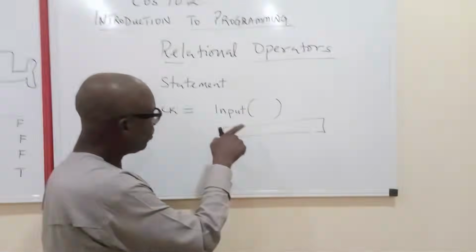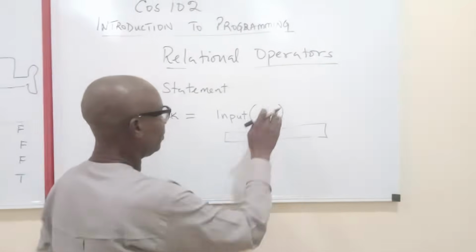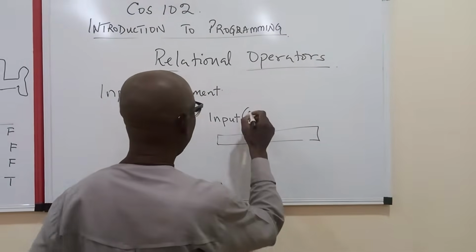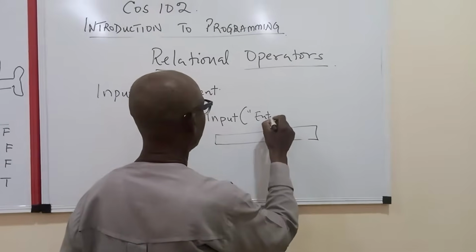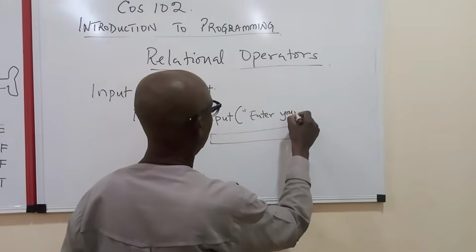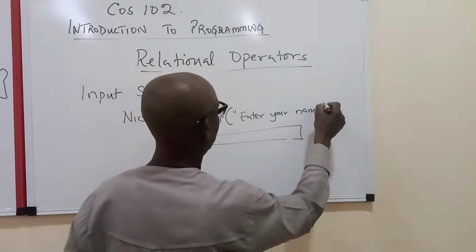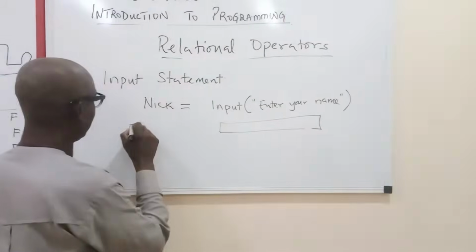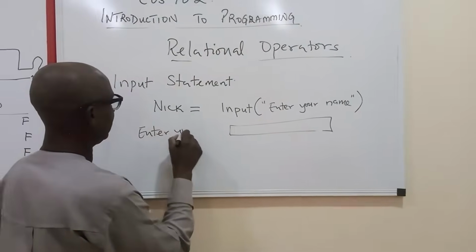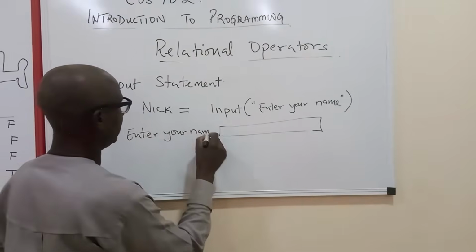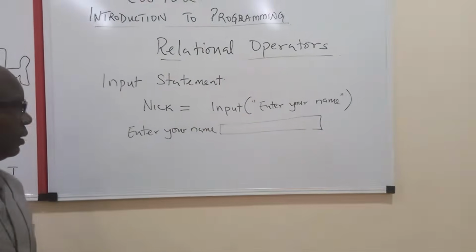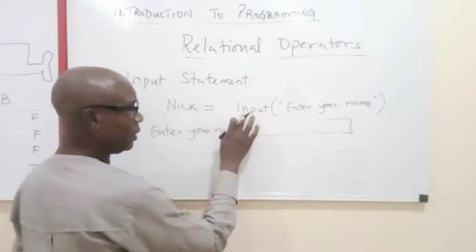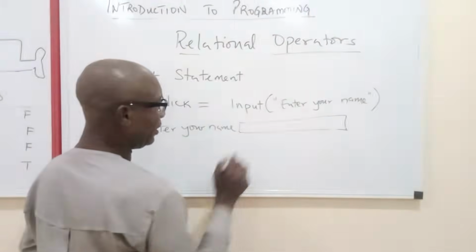Now, how do you know what you need to type in here? We are now going to write a string in here. If I say enter your name, and we run this, the output we will see is enter your name. The system will print this and create a box for you because of this input where you have to key in something.